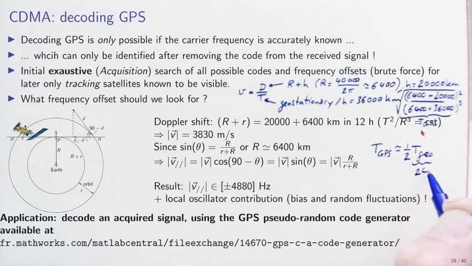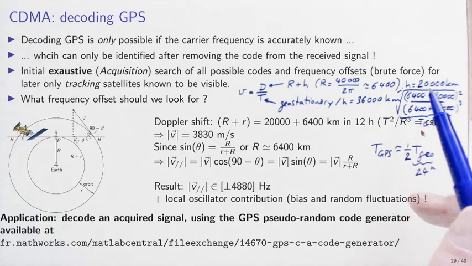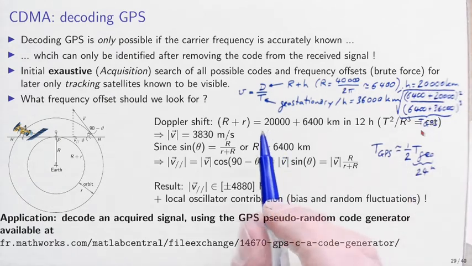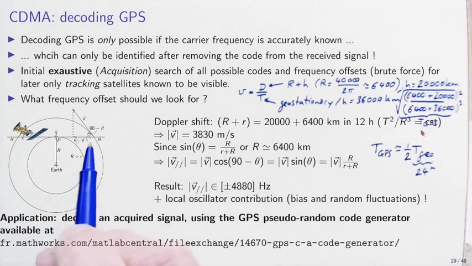So every 12 hours, a satellite will fly the circumference of its orbit, and this will give us the linear velocity, which is about 4,000 meters per second. Now we can address what is the projection angle.